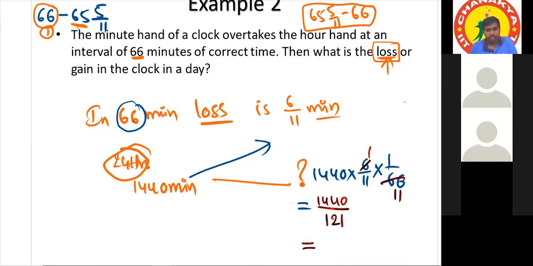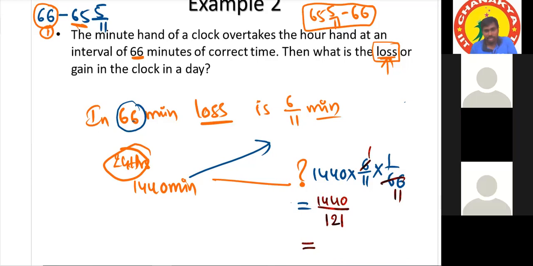Due to subtraction, 1440 minus 1331 is how much? So it's 109.